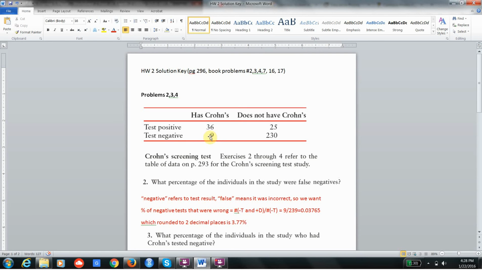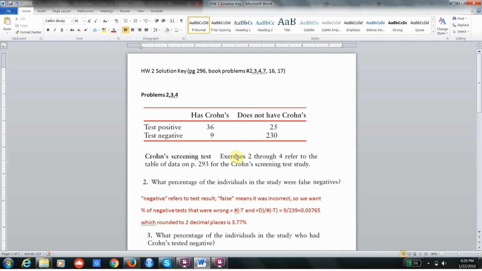Okay? So this is going to be the number of people, when you test negative, who show that they have the disease. In other words, it's the percentage of negative tests that were wrong. That's the probability of a false negative.